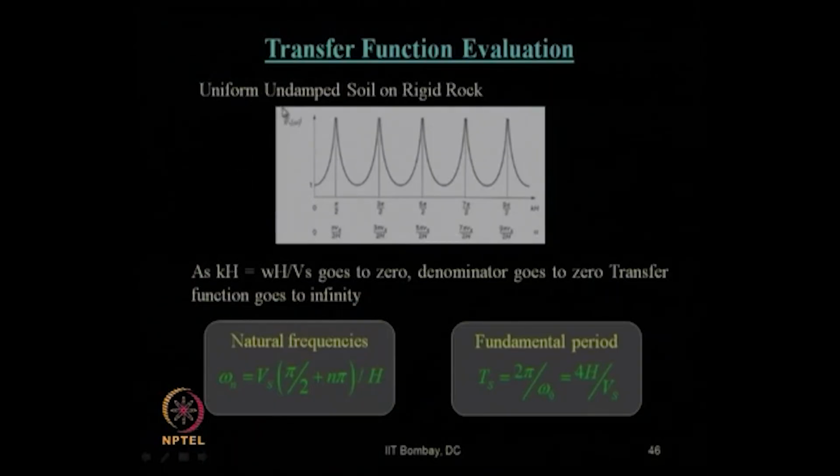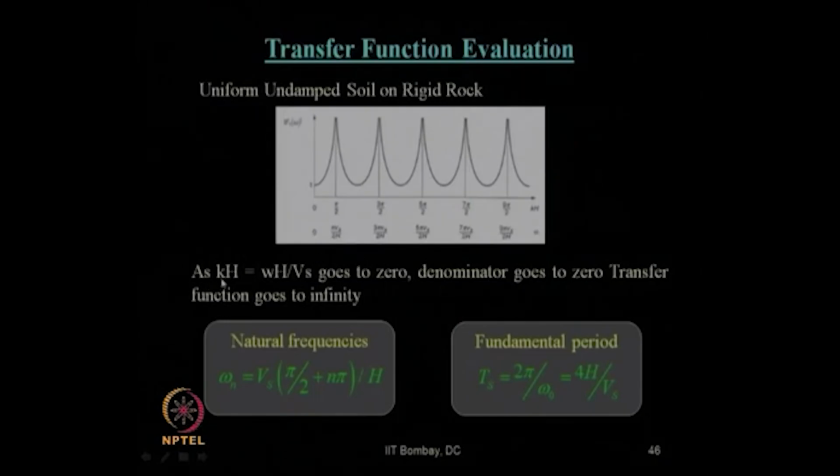So, for uniform soil and undamped soil, those two are the basic conditions. Remember, the soil needs to be homogeneous or a uniform soil layer, and undamped, then only these results will hold good. That is, the transfer function will behave in this fashion with respect to k h, or in terms of omega, we can always express omega in terms of V s and h, right.